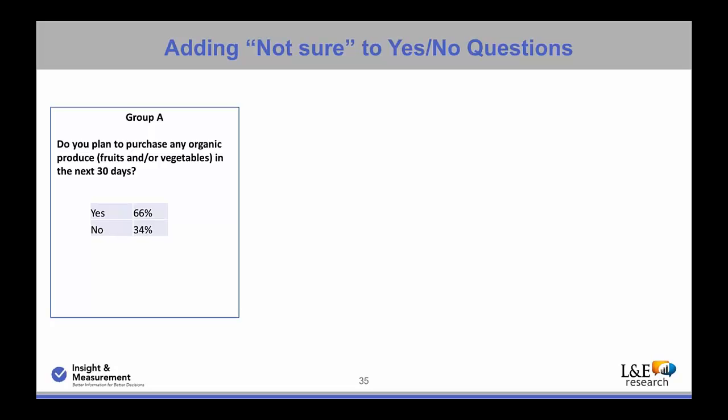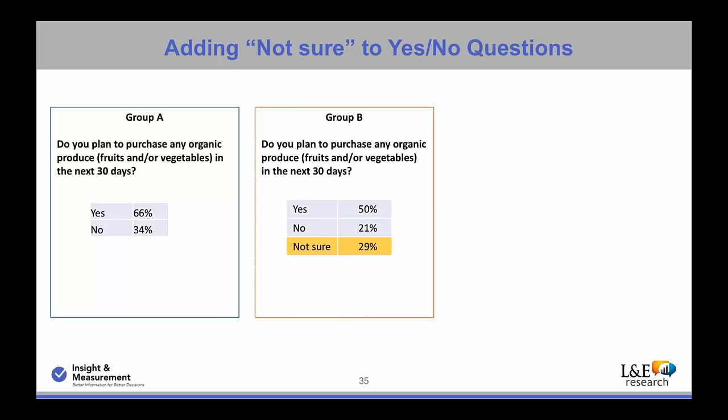And here's another little trick of the trade that I think is super helpful. We asked people in group A, B, and C essentially the same question. Do you plan to purchase any organic produce in the next 30 days? And we had 66% say yes and 34% say no. We asked group B the same question, but we put in not sure as an option.